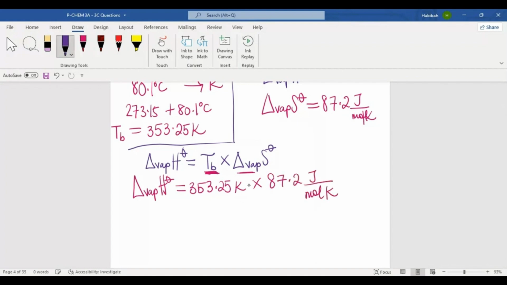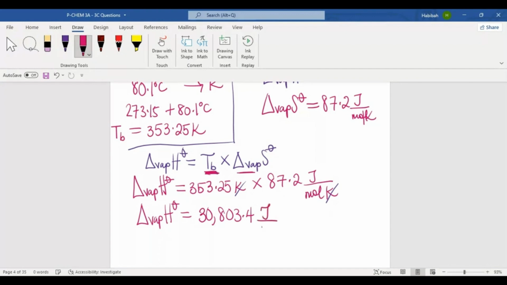So you cancel out kelvins. So the change in enthalpy of vaporization is now going to be 353.25 times 87.2 joule per mole. So that's going to actually give you 30,803.4 joule per mole.